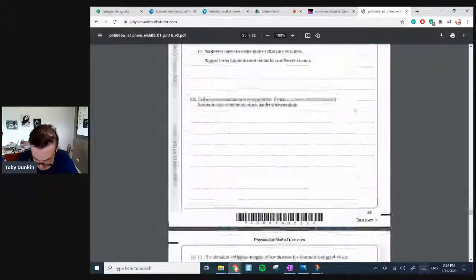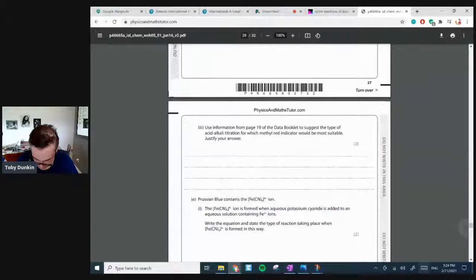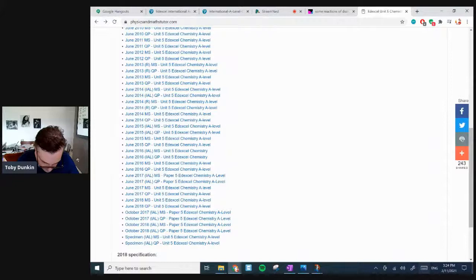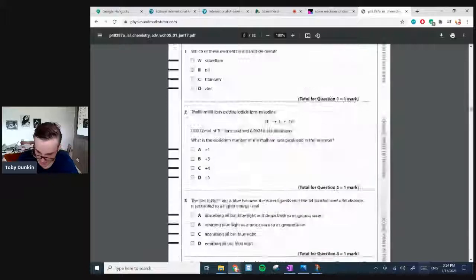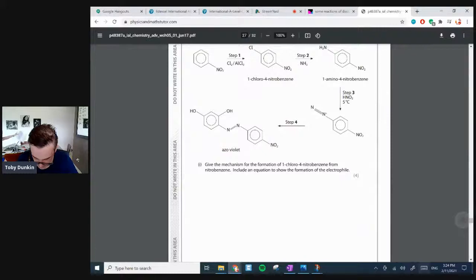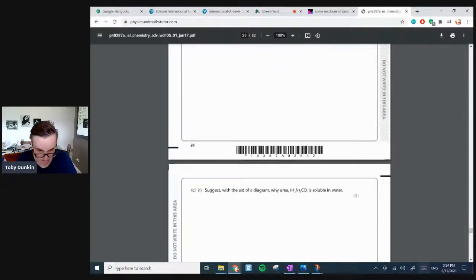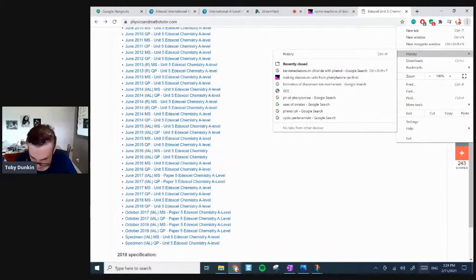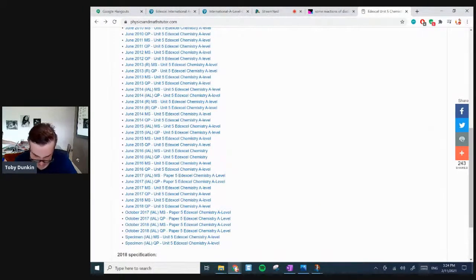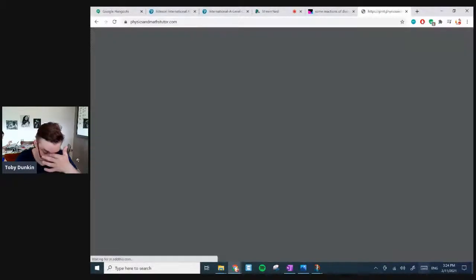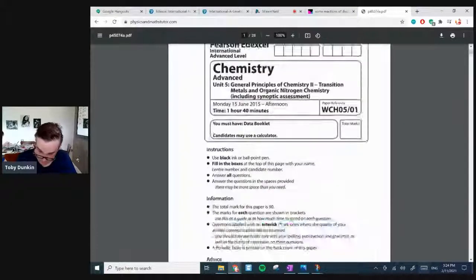Oh, there's another azo dye. Is this the one? No, it wasn't that one. I'm sure it was 17. Oh man, I've royally stuffed this up, haven't I? What was it, guys? Someone help me. It's not going to show me the papers I was looking at. Was it 2015?